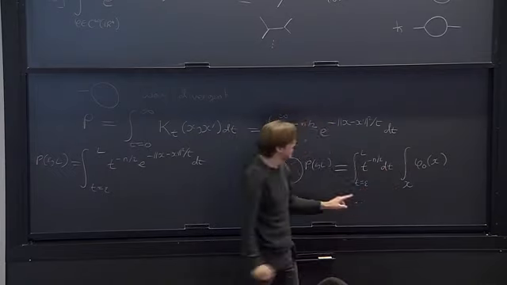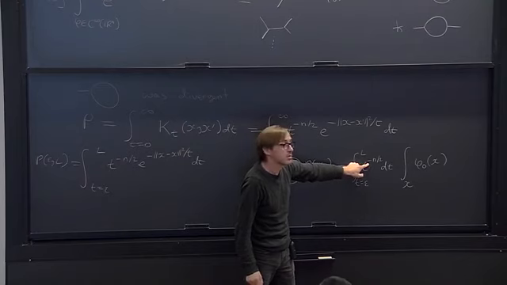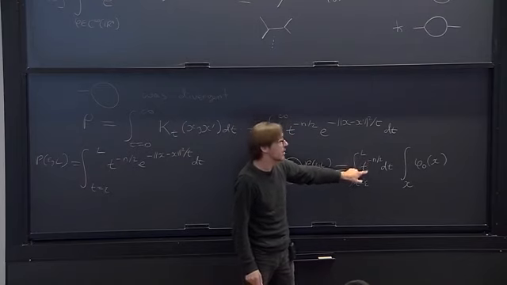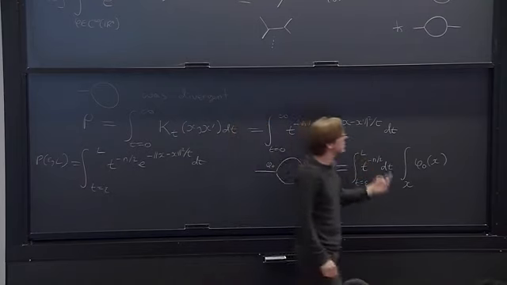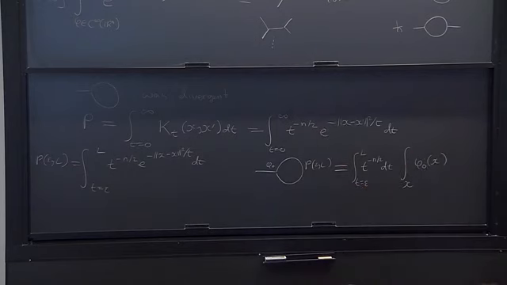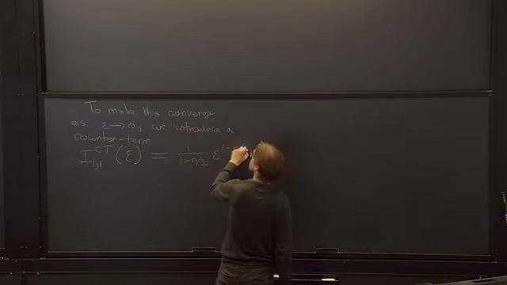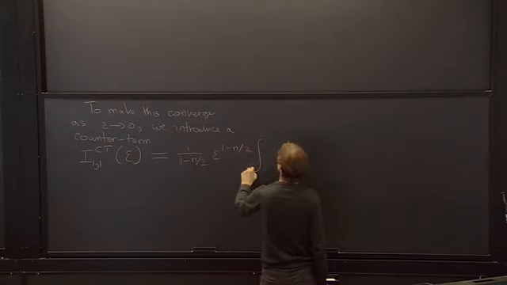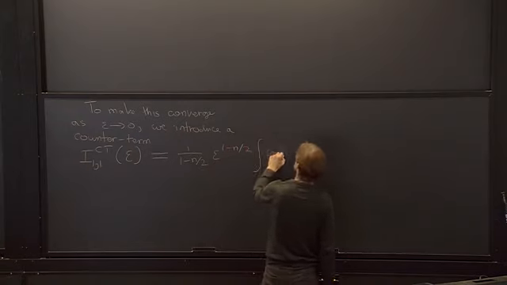So the integral over t will just produce t to the 1 minus n over 2. So the counter term, given the lower bound, should be 1 over (1 minus n over 2) times epsilon to the 1 minus n over 2.